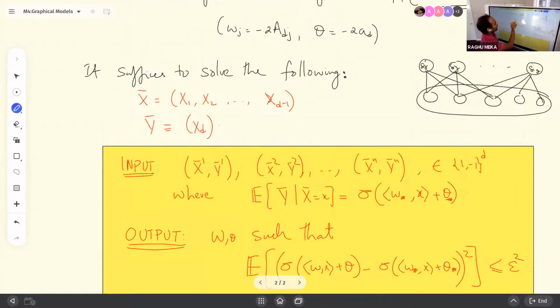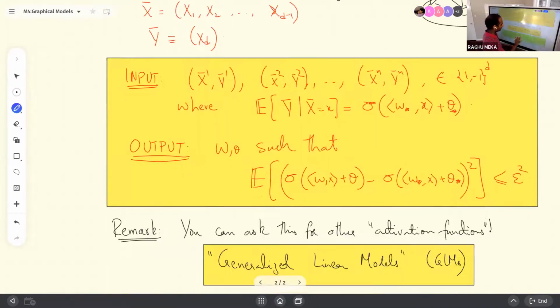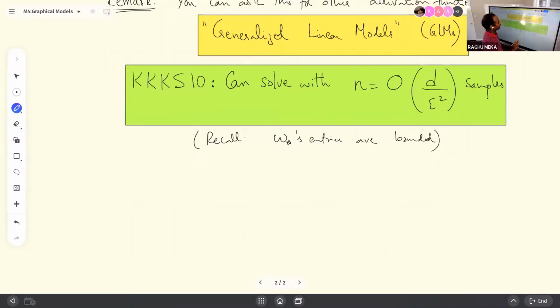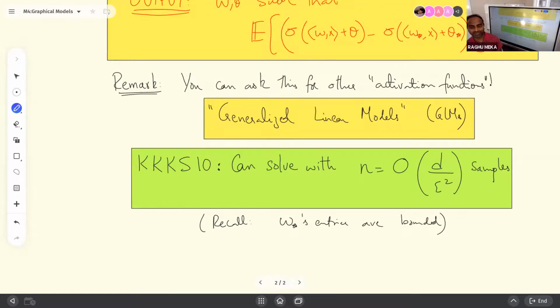They're exactly this minus 2 ADJ, and there were some constants between minus 0.001 and minus 10 or something like that, so they're bounded. Okay, and they showed that you can do it with something like d over epsilon squared samples.